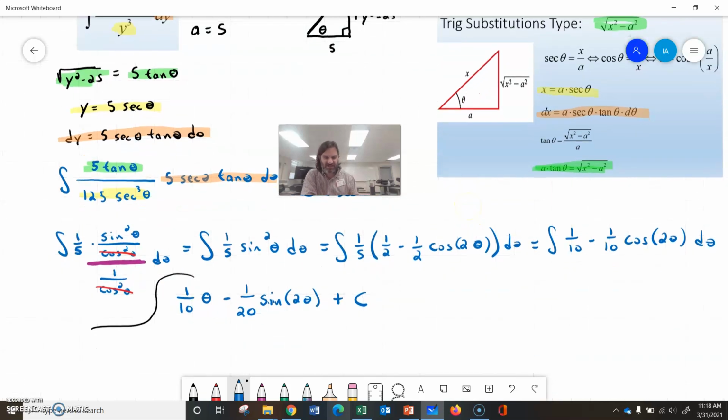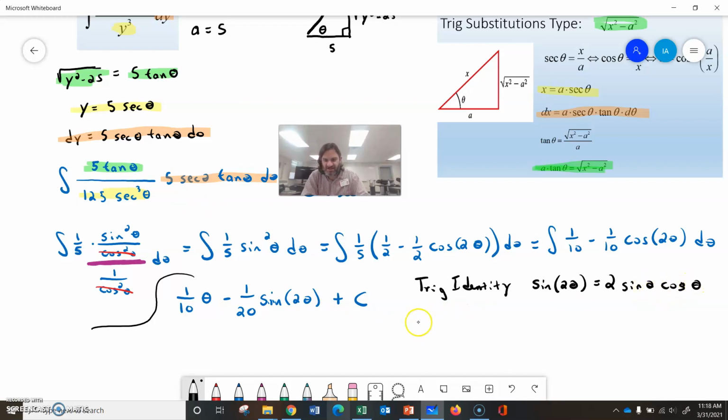So this is a trig identity that you will need. It should have showed up in trigonometry class. But sine of 2 theta is the same thing as 2 sine theta cosine theta. So we're going to use that. Okay, and then we have the angle that's in our triangle, sine and cosine.